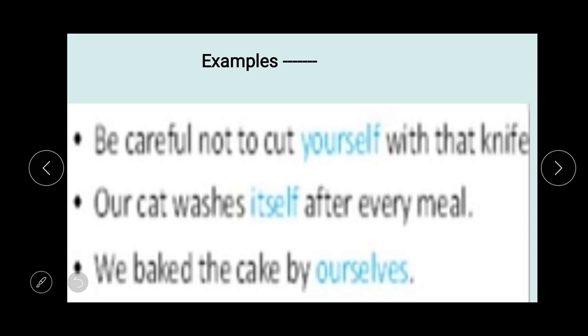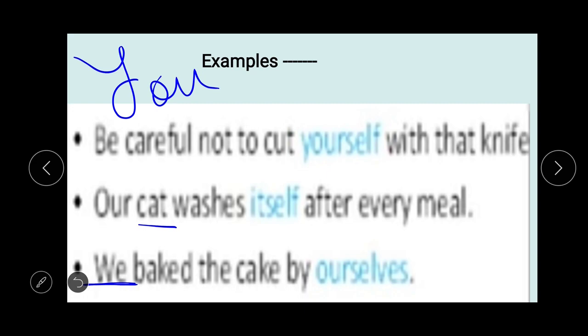So in number 1, be careful not to cut yourself with that knife, the subject is not given. So let me tell you, the subject here will be you. You be careful. Actually, in some cases we don't use the you. Without even including the subject you, the sentence is correct. Then in the second example, the subject is cat, and in the third example, the subject is we.